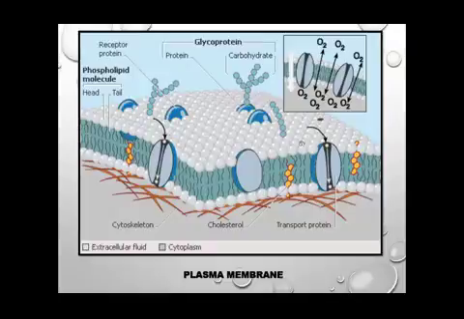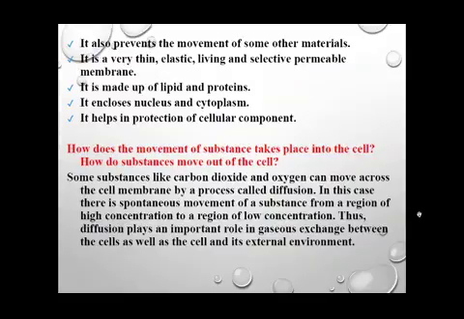There are certain transport proteins which help in this transport of materials in and out of the cell. So it is preventing the movement of some materials, just like I told you right now.